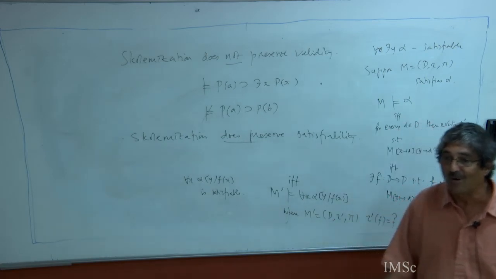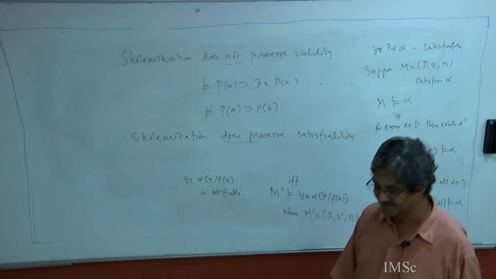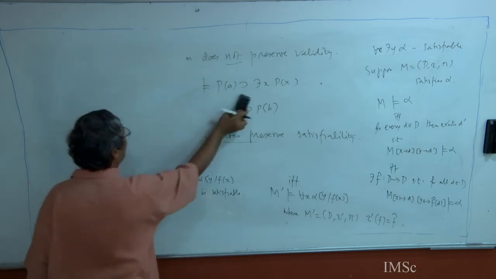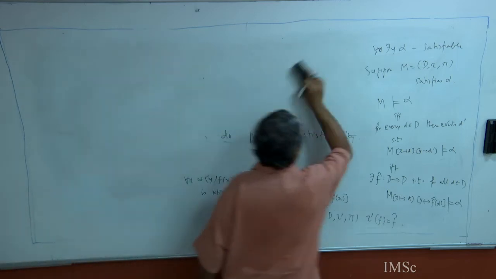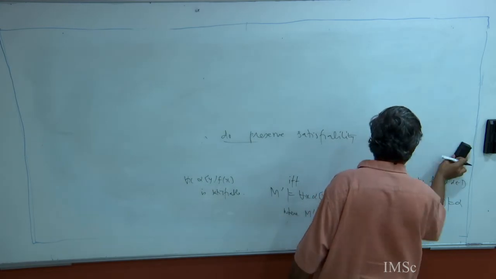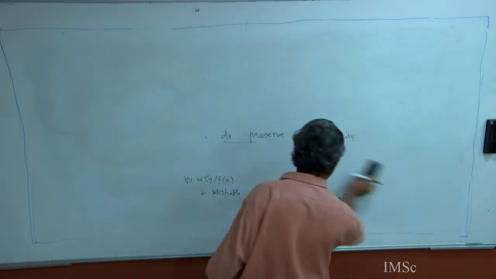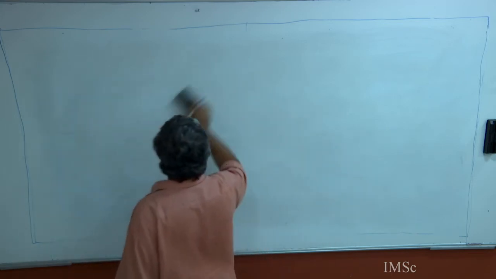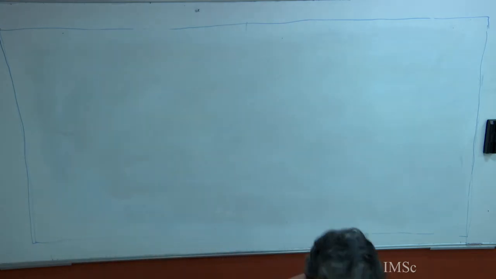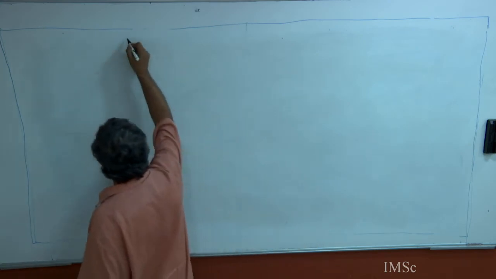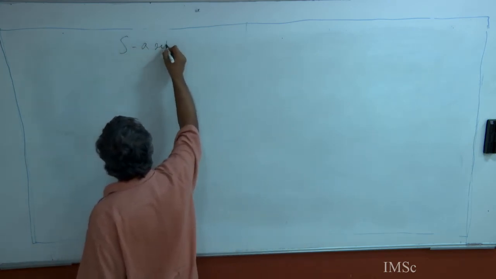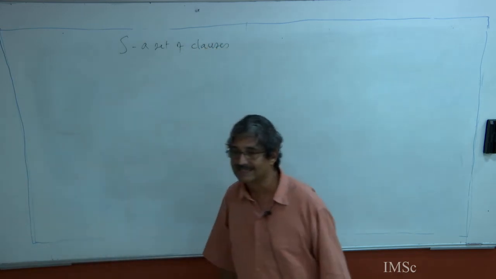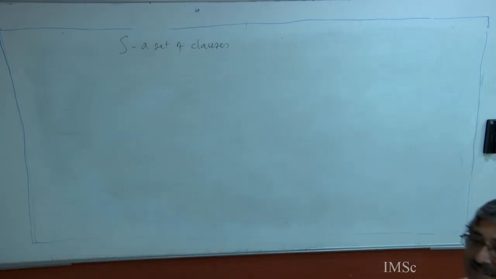So how do we now do the original ones? For that, you have this notion of what is called a Herbrand universe. So from now on, let's assume that the formula you're talking about is S, which is a set of clauses, right?